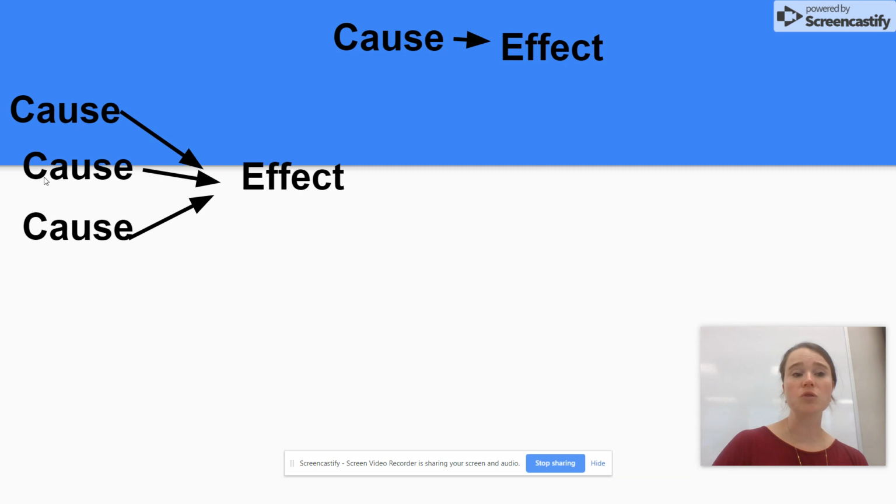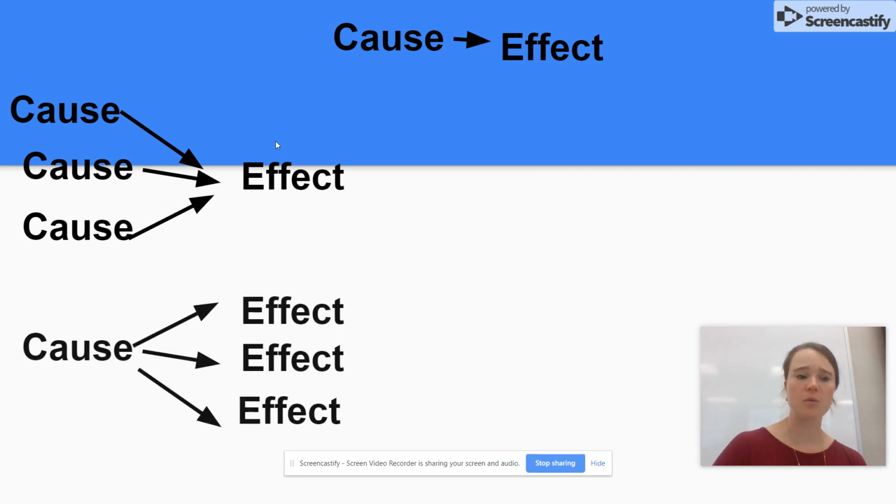Sometimes you can have multiple causes that all lead to one effect. So this might be climate change is caused by fossil fuels, agriculture, and the inability to make policy change. All have created climate change. So these are three different things that caused this one thing to happen.